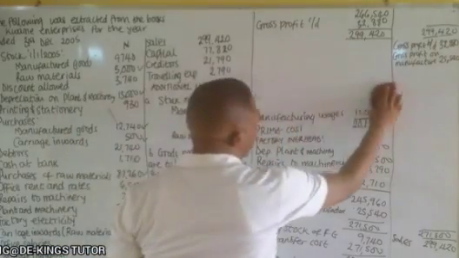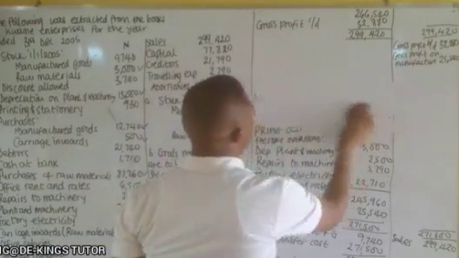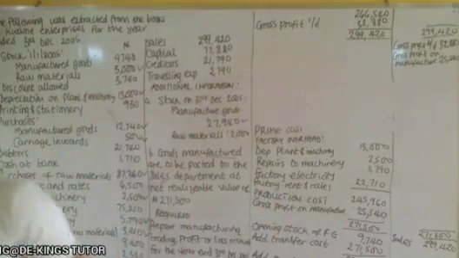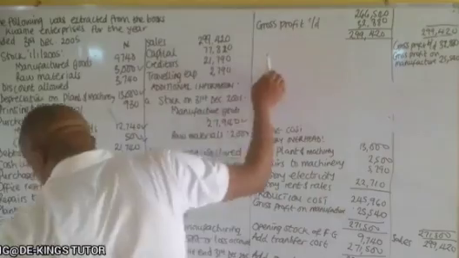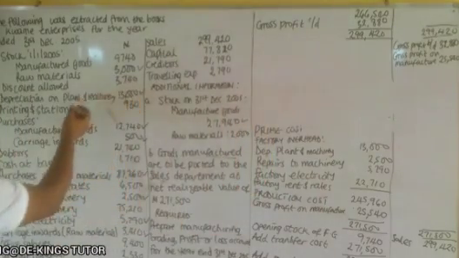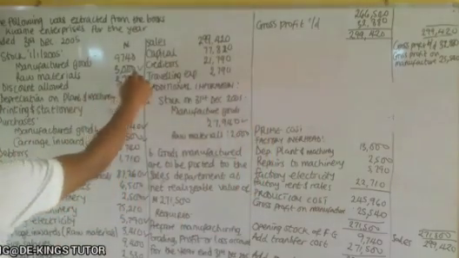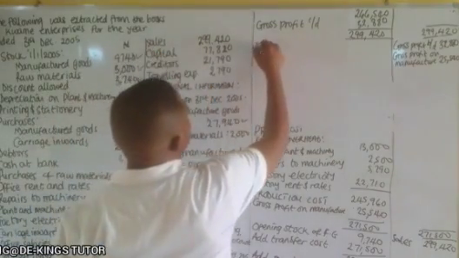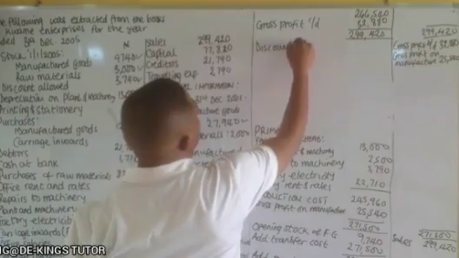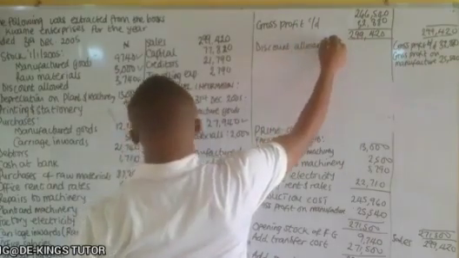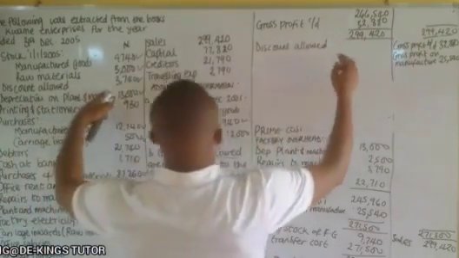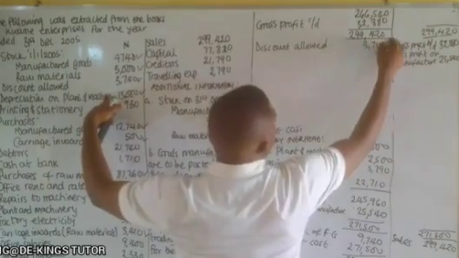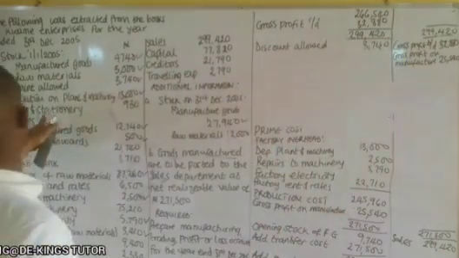So we are going to add all other expenses at the debit side here. So the expenses, let's check from here. Now we have discount allowed here. So we are going to include that as discount allowed, 3,740.